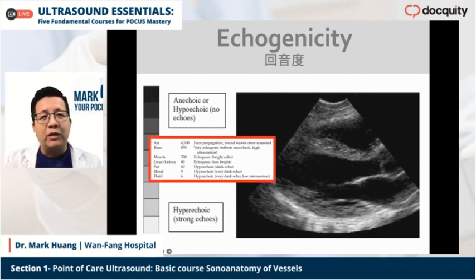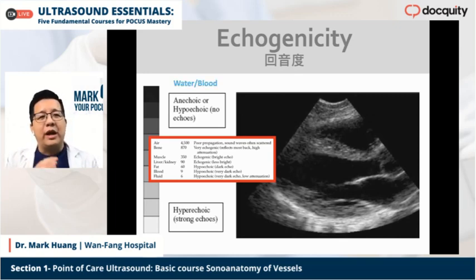The air and the bone are very bright, and the water and the blood are very dark. So I can give you a very simple summary. When you see water and blood in the ultrasound pictures, you will find they are very black. We call it anechoic.